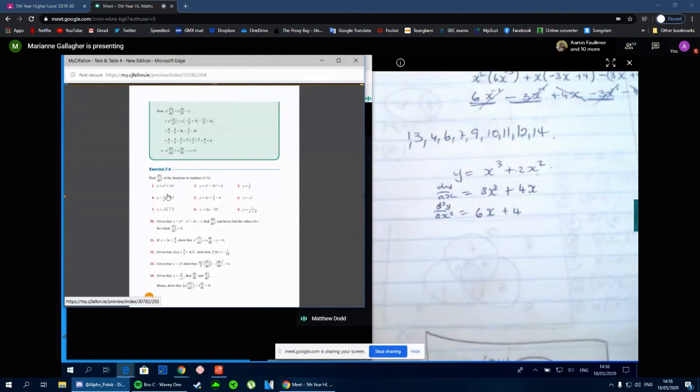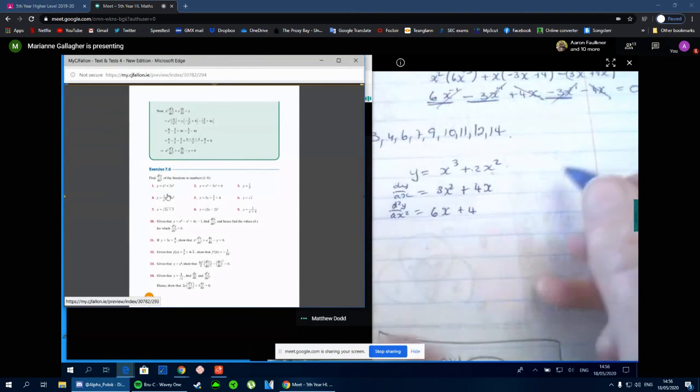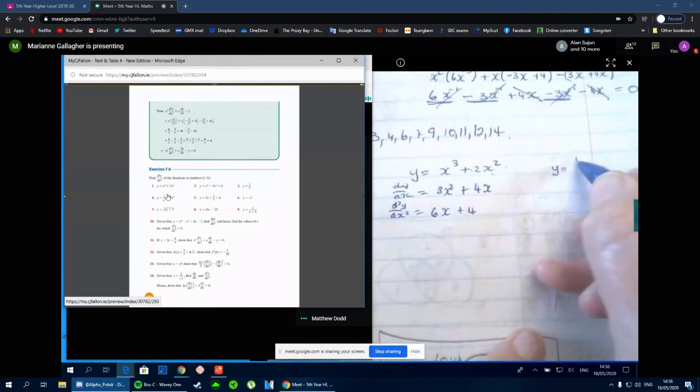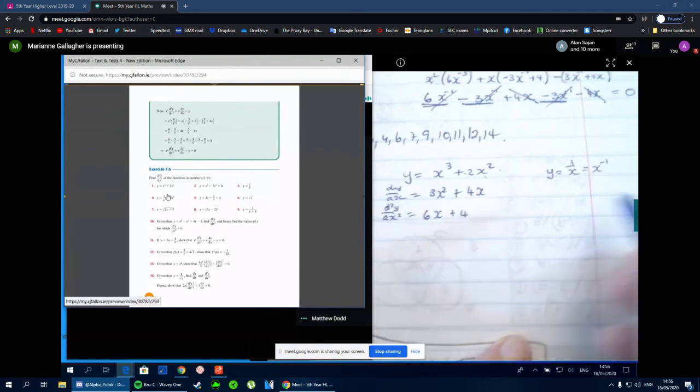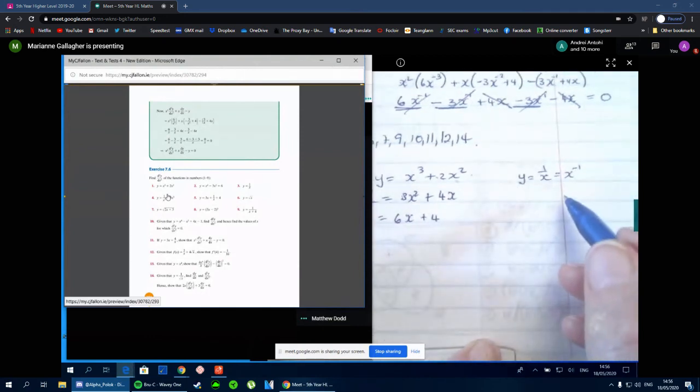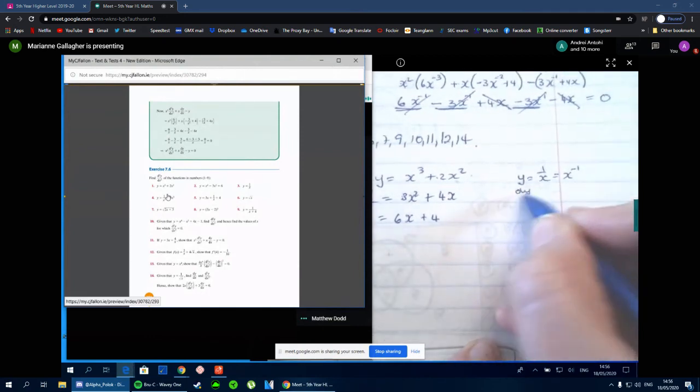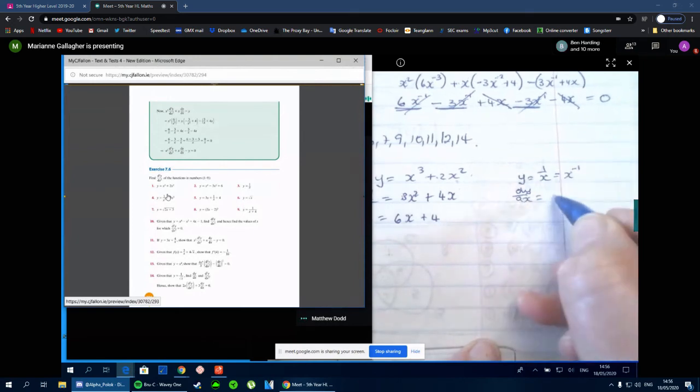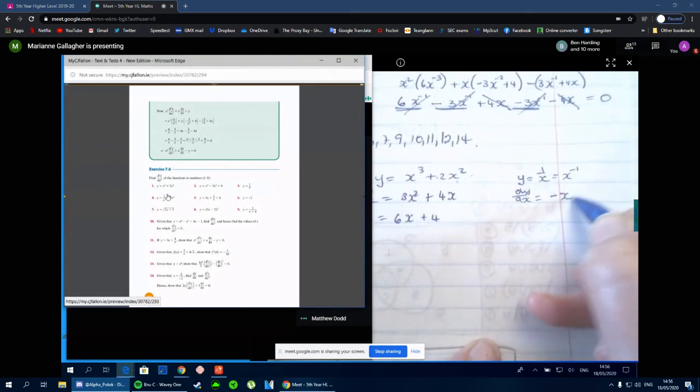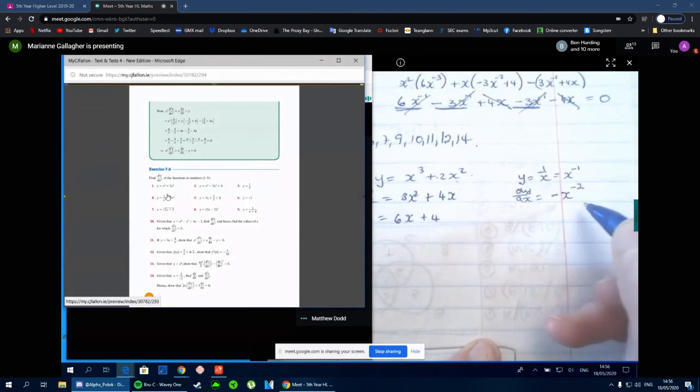Any of the ones that are written as, say, the next one where you've 1 over x, write it as x to the minus 1, and leave it in that format till the very end. So you apply your rule. Bring down the minus 1, you've got minus 1 times x to the minus 2.